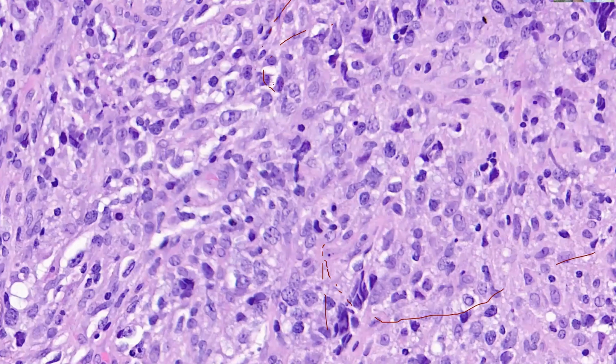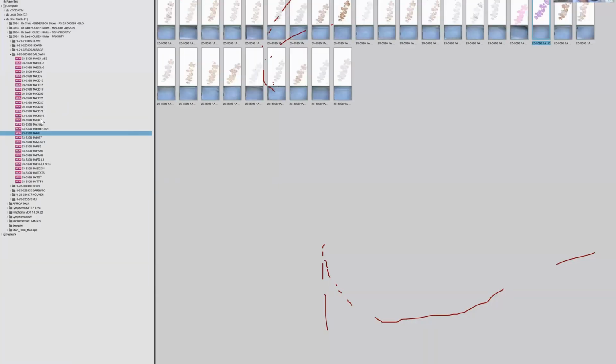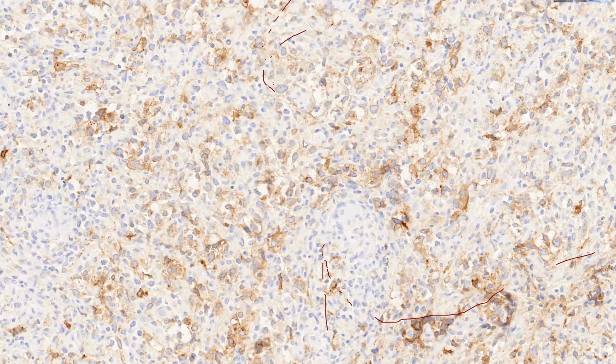And on immunohistochemical level, they can express CD30. So you can see the expression. But again, as we said, the expression of CD30 is not consistent. It's patchy with variable staining, mostly weak. And this case was strongly positive for CD20. So this is a primary mediastinal B-cell lymphoma.